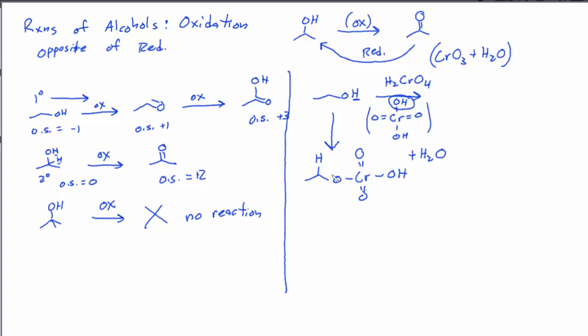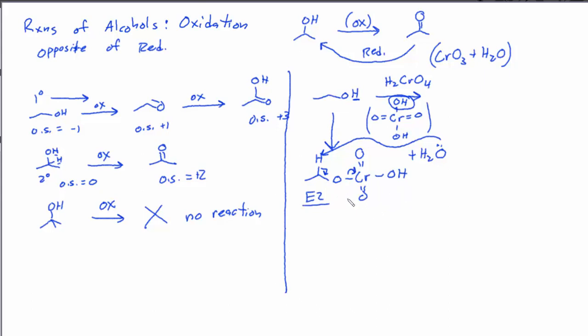And if I remove this hydrogen, and I can use the water perhaps as my base, you might recognize this as a sort of E2 mechanism, where we have a beta hydrogen, we're forming a new pi bond between the C and the O, and we have a decent leaving group in the form of this chromium complex.